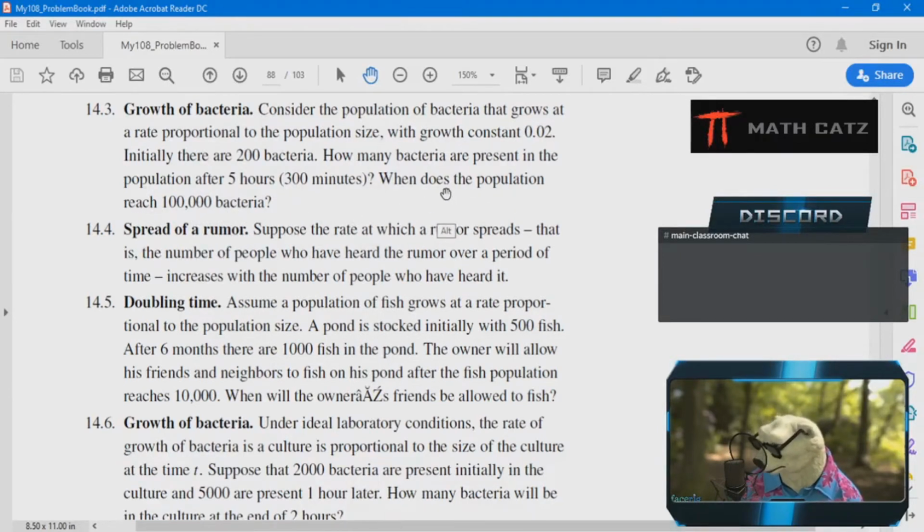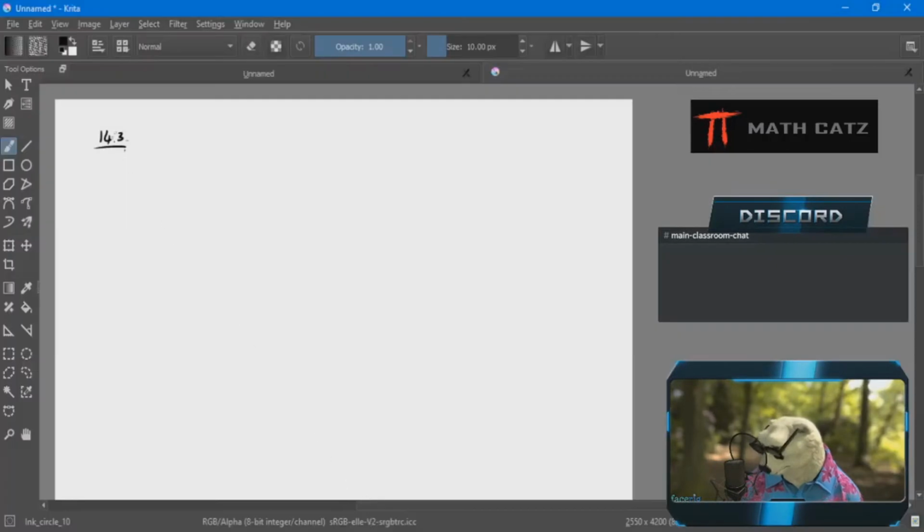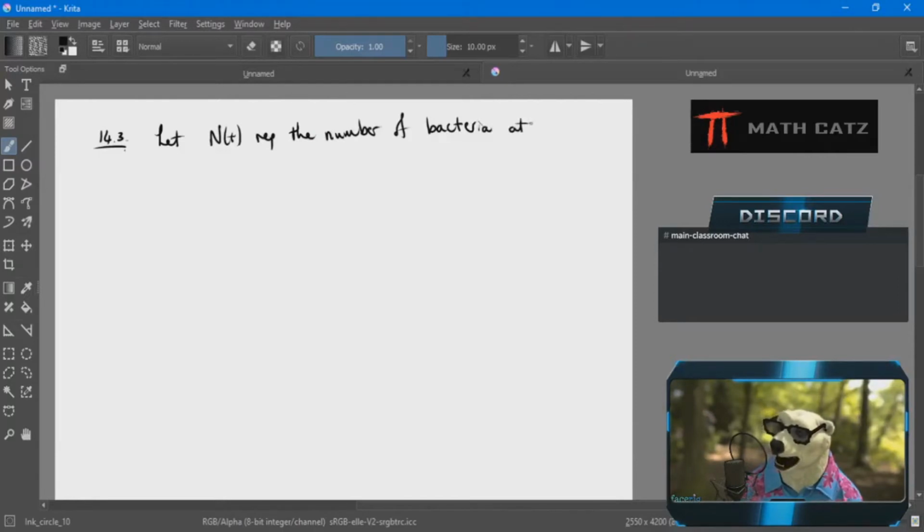But before I can answer those questions, I need to set up the differential equation, which is a translation of this first sentence. So let's do that first. Let's say n, which is a function of time, represent the number of bacteria at time t.